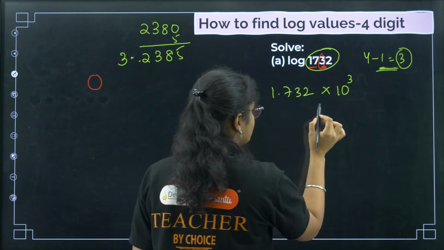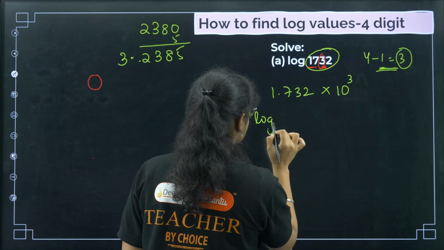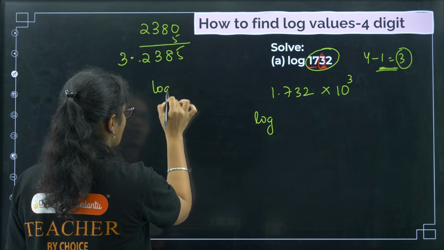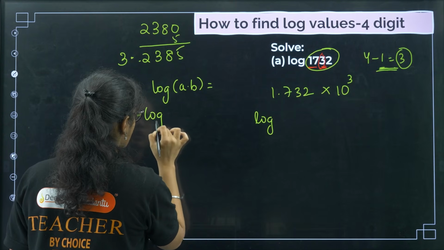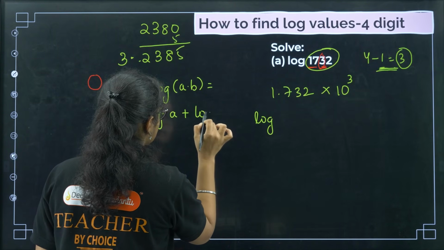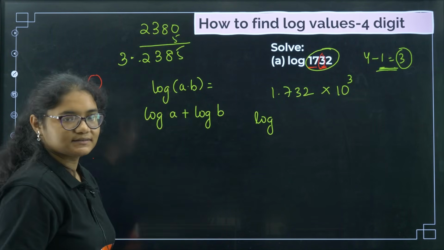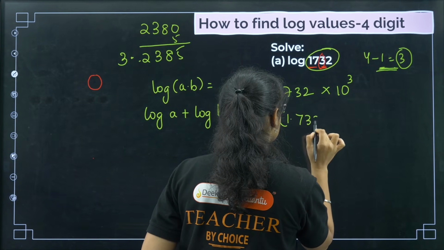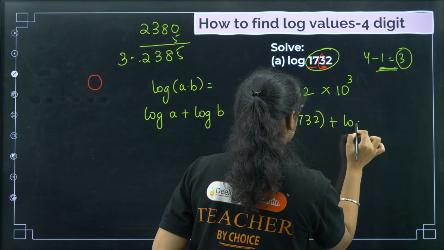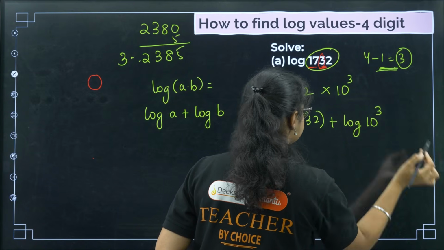Now one formula for log is there: log of A into B is equal to log A plus log B. So now here I need log 1.732 plus log of 10 to the power of 3.